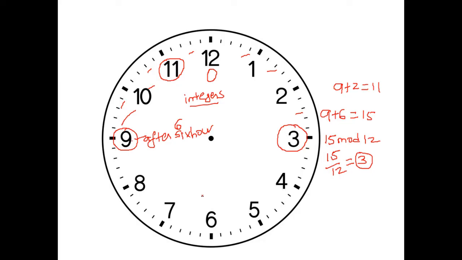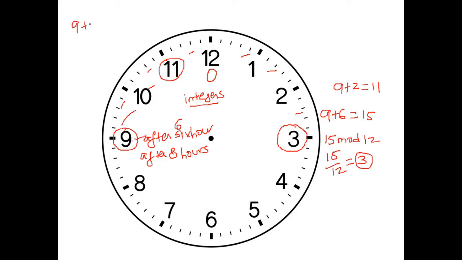Is that clear? Okay. So let me ask you another question. Let's say I'm going to meet you after 8 hours, and let's assume that the time is 9 o'clock now. If I'm going to meet you after 8 hours, what is the time on the clock? So how will you compute that? It's simple.